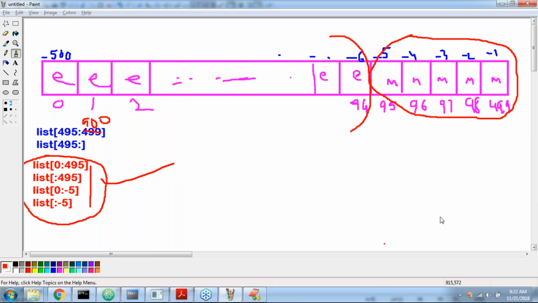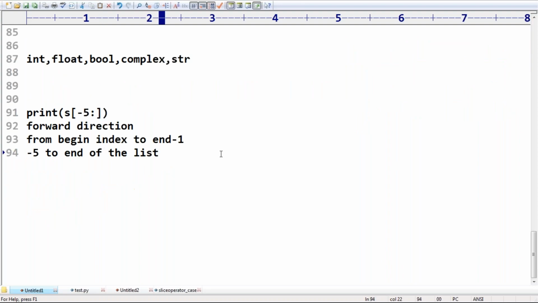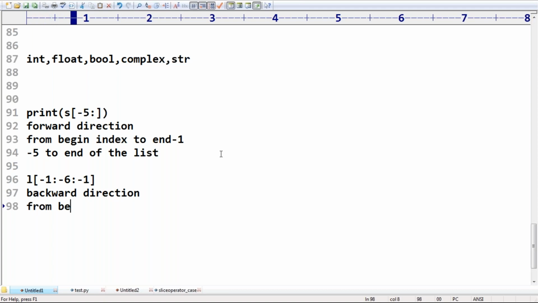Now one more doubt. Here don't worry about this one. Just please observe that. Okay. Minus 1 colon minus 6 colon minus 1. What are we going to get, sir? It's very simple for you. Backward direction. From begin index to end plus 1 index.